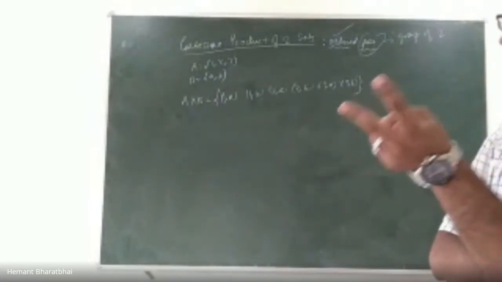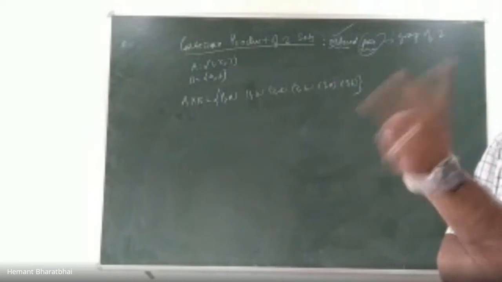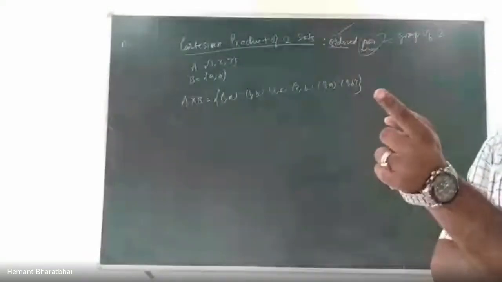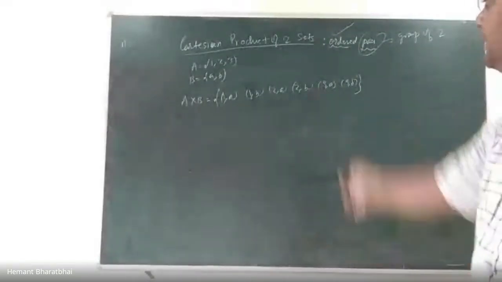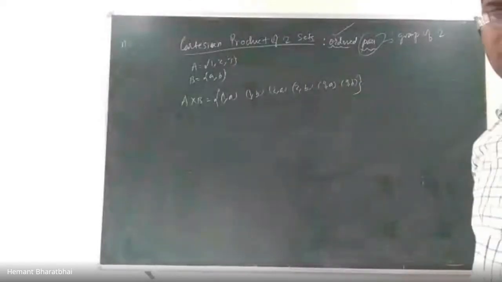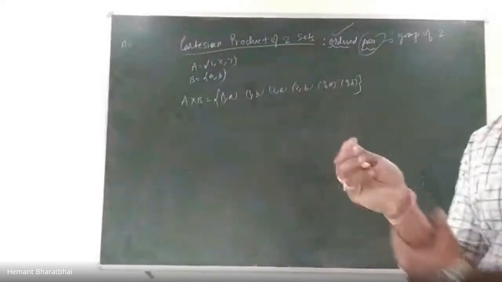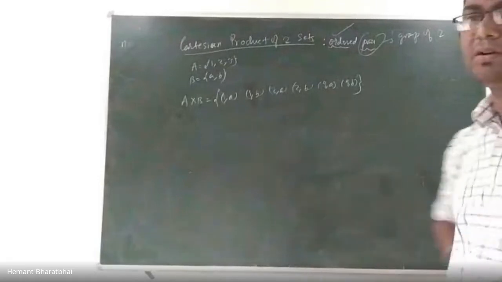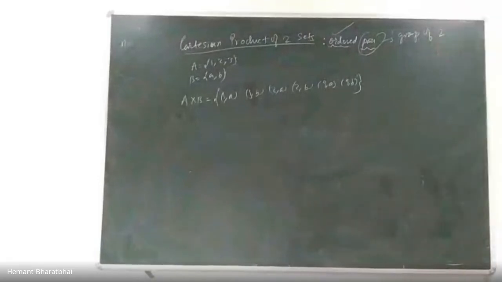Ordered means what kind of pair you have to make. First you have to write the element of A and then the element of B. So all the possible combinations are written when I write the Cartesian product.